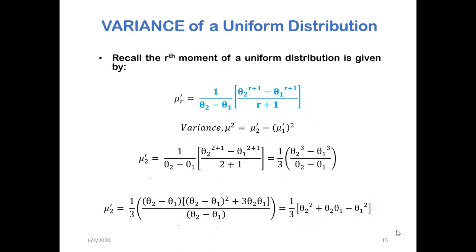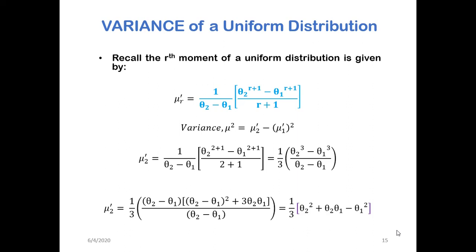If you think of the variance, variance is the second moment, and it's given by the formula, as you can see from the slide. From the formula for the moment, which is bluish in color, wherever there is r, we substitute 2, to mean that we are trying to find the second moment.